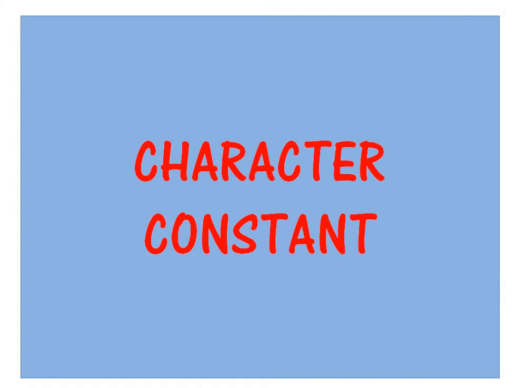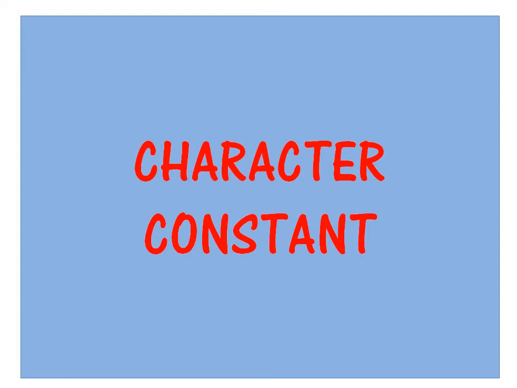What is character constant? Character constant is a part of primary constant. All alphabets A to Z, lowercase, uppercase, digits 0 through 9 and special symbols are the set of characters.